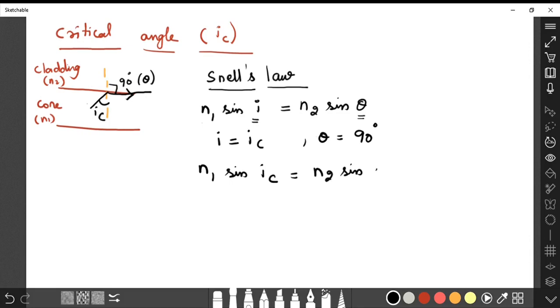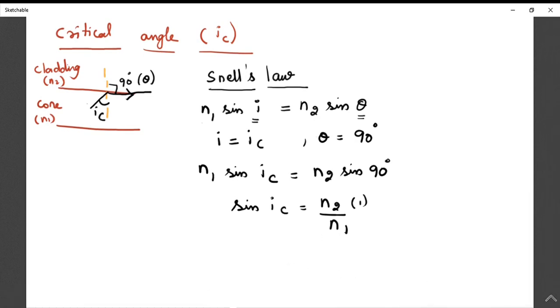As you know, the value of sin 90 is equal to 1. So sin IC is equal to N2 by N1, and I need only IC. So IC is equal to sin inverse of N2 divided by N1.